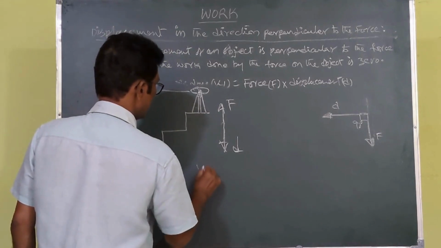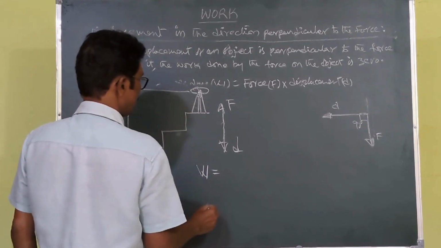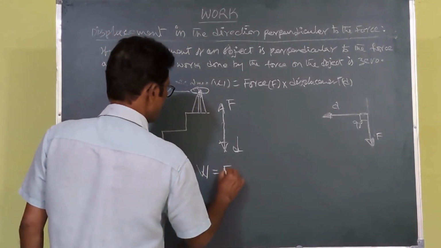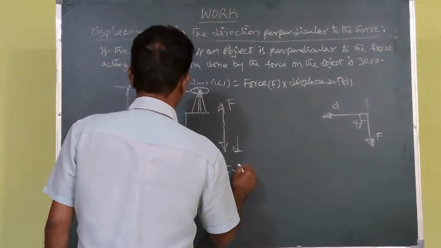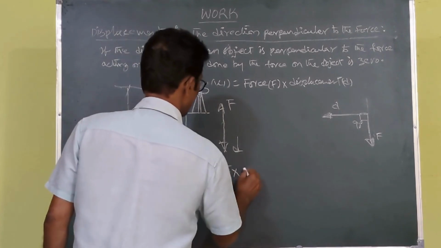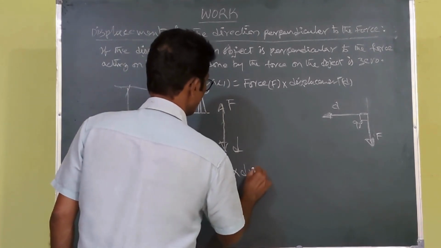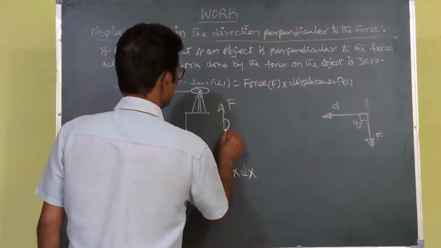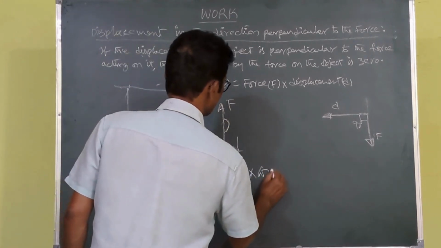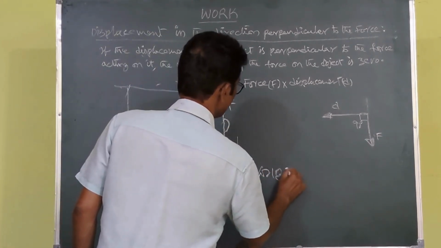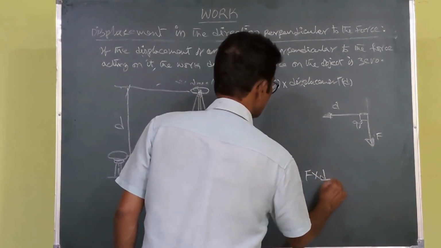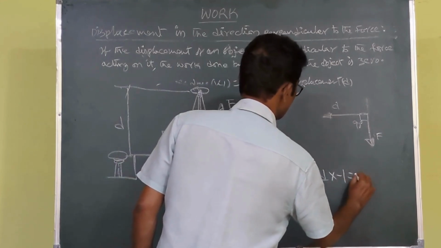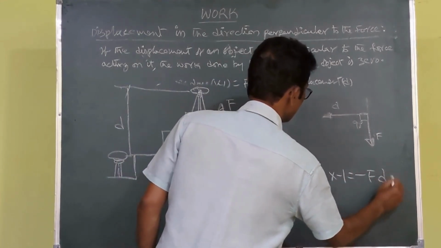Work done is F into d into cos 180, which is F into d into minus 1, equal to minus Fd.